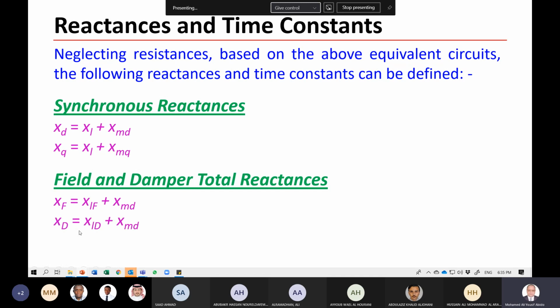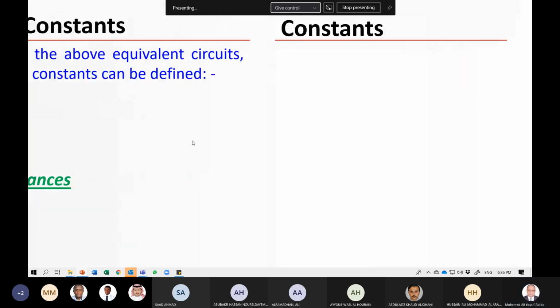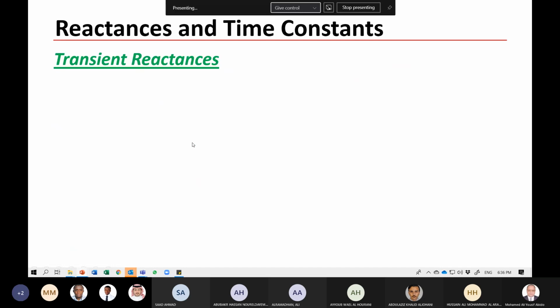In steady state, Xd equals also leakage plus mutual, and also for the quadrature axis, the damper winding leakage plus mutual. Transient reactance: Xd prime is calculated as such.